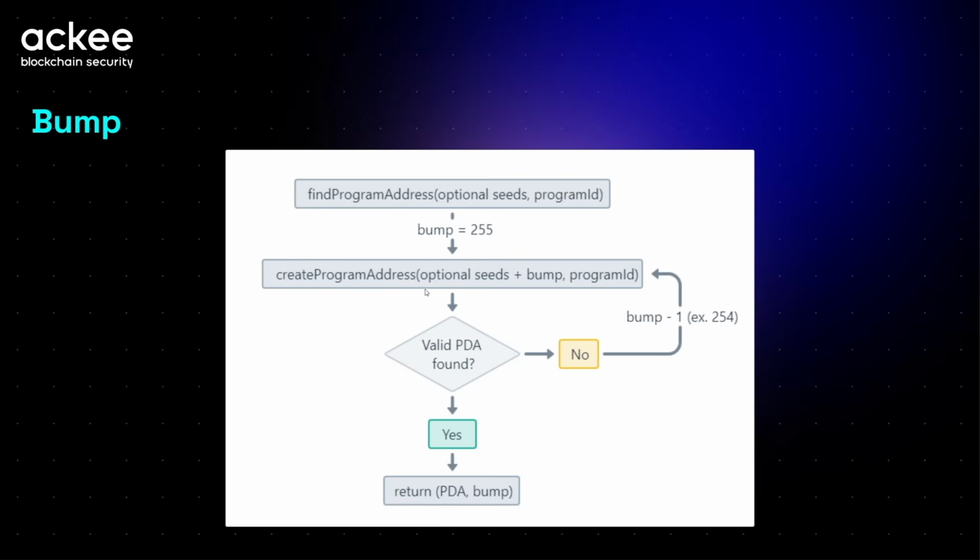This time the seeds are the same, the program ID is the same, but the bump is decreased by 1. And this is done in a loop until we find a valid PDA, so we created the program-derived address from the seeds, the program ID, and the bump. You will see more in the hands-on example how it is utilized within Anchor programs.